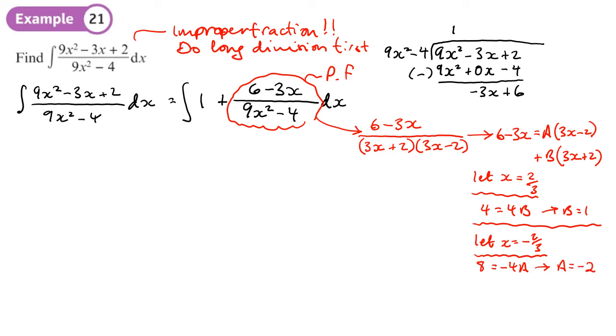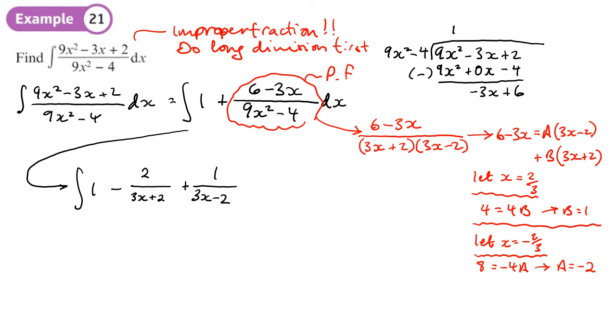So our integral now becomes, integrating 1 plus, it's actually minus, isn't it, because it's negative 2. Just rub that out. So 1 minus 2 over 3x plus 2, plus 1, that's b, over 3x minus 2 dx.